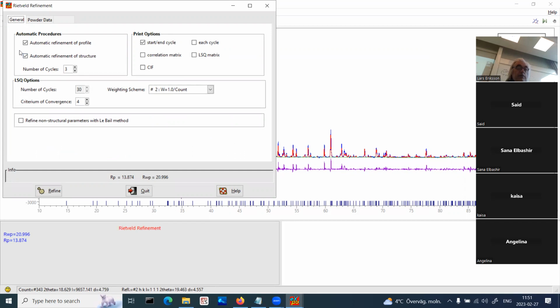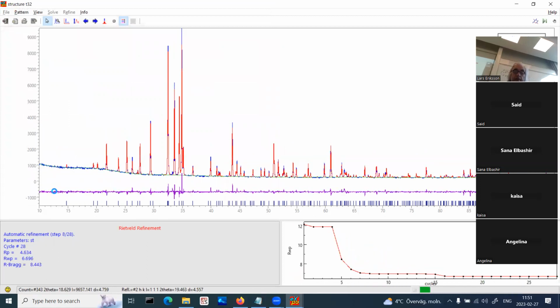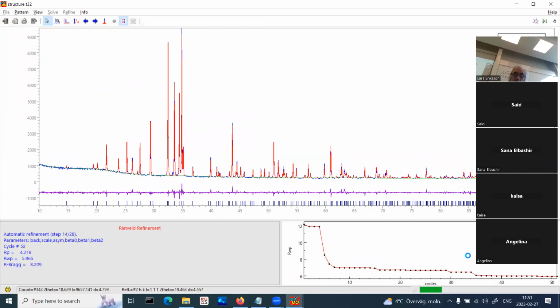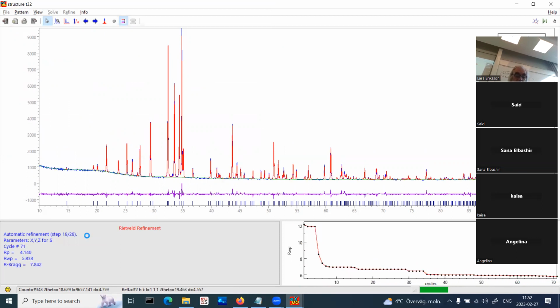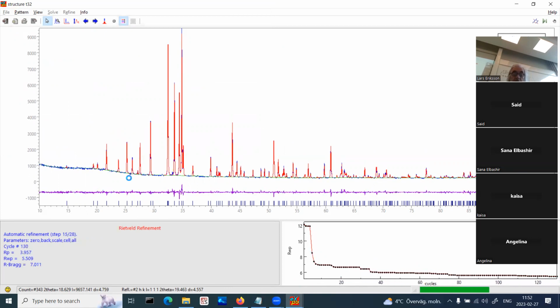Unless we know what to do, we do automatic everything. And on this small box down here, we see that the profile R value is 4%. So that should correspond to quite a flat residual line, and I would say that this is a flat residual line.